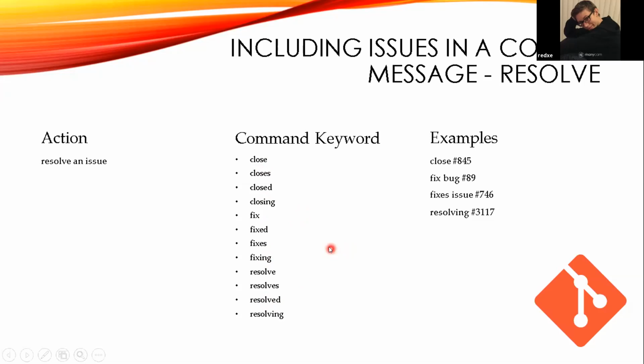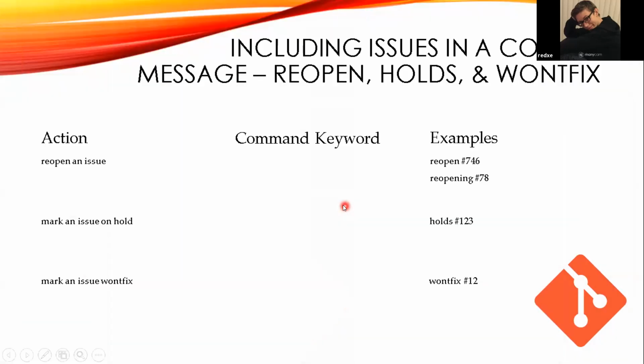But when you use these keywords and the number sign, the number of the issue that you are resolving, these are the keywords for that. The other actions, they call it, that you can do is reopen an issue.